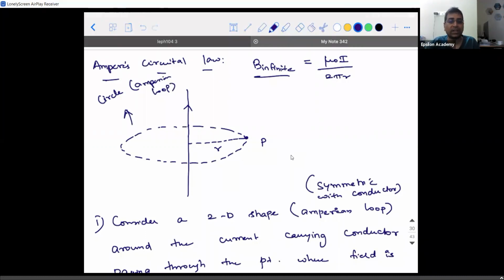Okay. What is the next step I told? And I told one important point, the Amperian loop should pass through the point where you're trying to calculate the field. Secondly, using right hand thumb rule, tell me what is going to be the direction of magnetic field at point P due to this current carrying conductor.